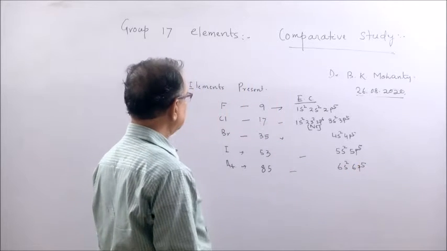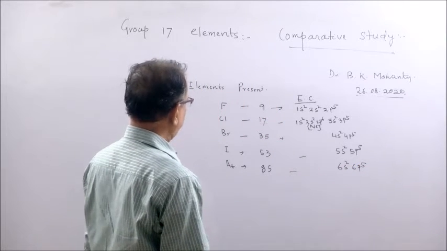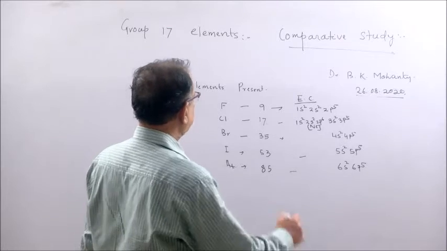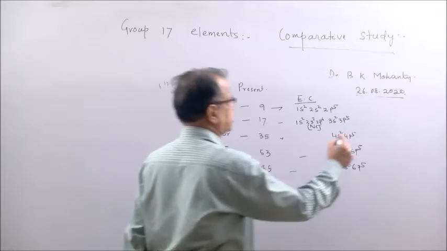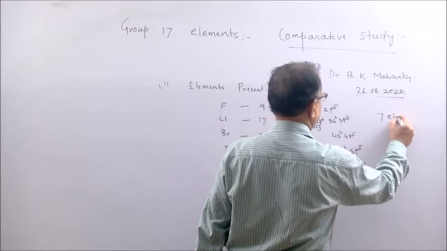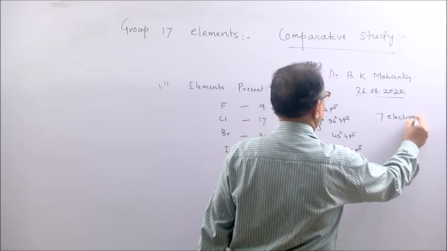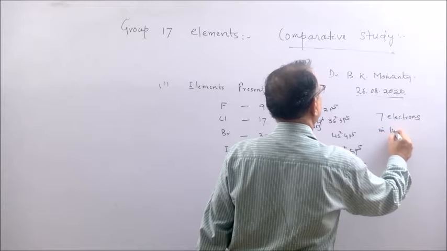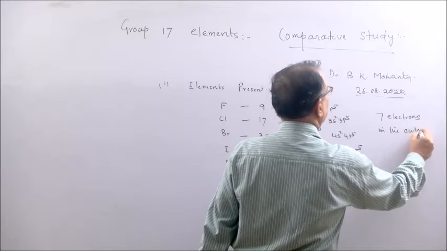So all the elements of this group contain 7 electrons in the outermost shell.